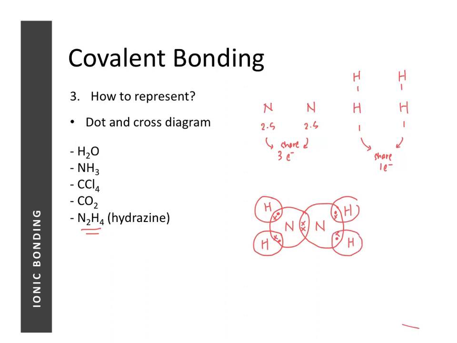Bear in mind again that nitrogen has 5 valence electrons. It has only shared 3, so there are 2 electrons that are not involved in bonding. Let me just write in the legend.